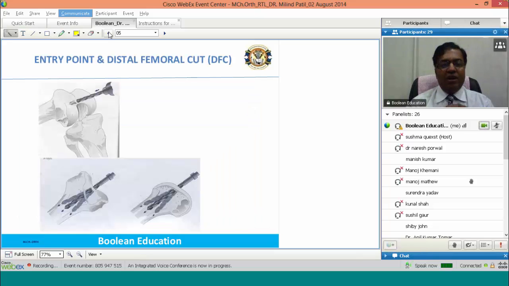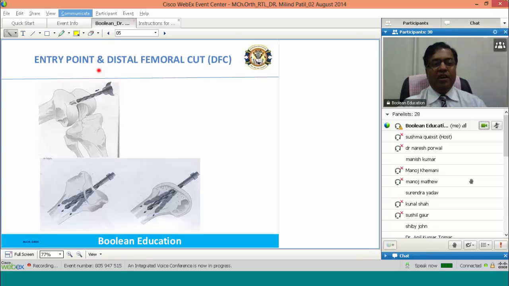The femoral cut involves entry into the medullary canal. Now, the entry into the medullary canal is with the help of a drill. Quite often, people ask me, what is the best entry point? I think the best entry point is different for every patient.